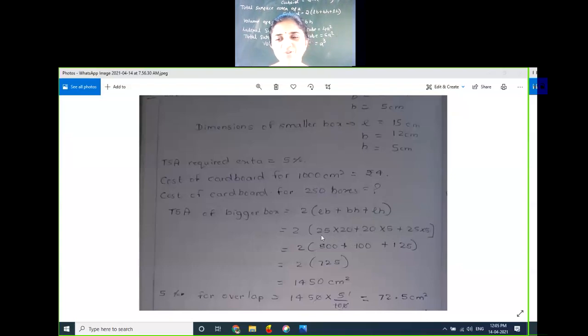I think many of you students have completed this problem. Here after simplification, 500 plus 100 plus 125, then adding this, we'll get 725. 725 into 2 is 1450 centimeter square. Actually this is for the bigger sweet box dimension. This much sheet is required, and for this we have to take the 5% overlap.